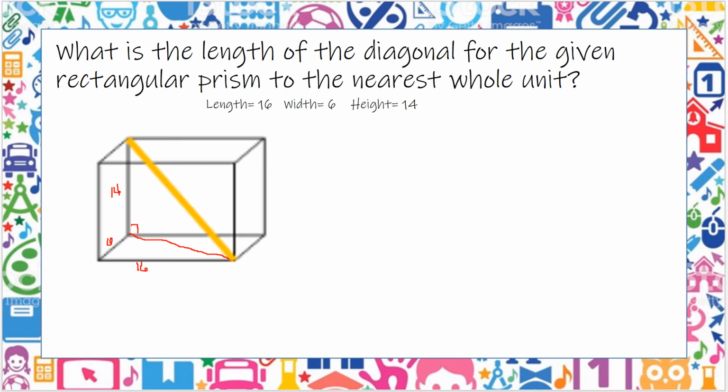So now I'm going to find the length of the diagonal. So I'm going to say 6 squared plus 16 squared equals c squared. So 6 squared is 36. 16 squared is 256.